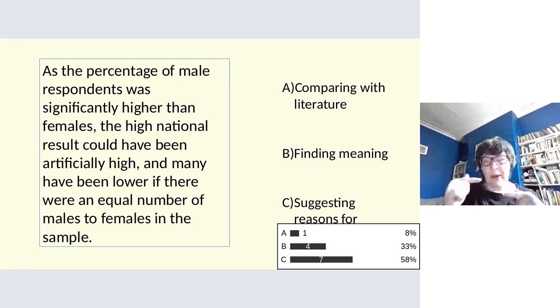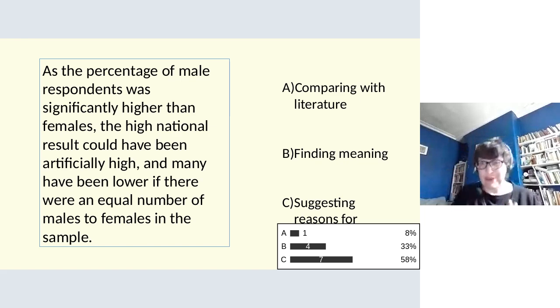But, and this is something that I think your responses today are actually telling me, there is some blending and blurring between them, isn't there? As Ruby and Mariam said in response to the last question, that use of literature may also be a way of finding reasons for the findings.